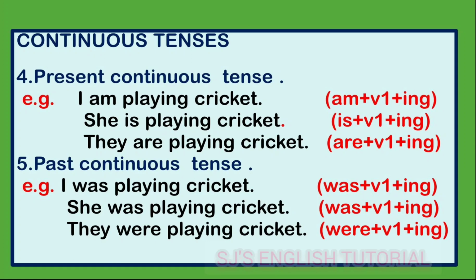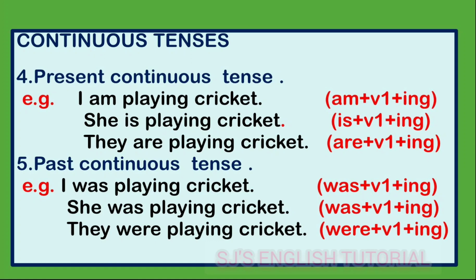Present continuous tense examples: I am playing cricket, she is playing cricket, they are playing cricket. With I we use am plus V1 plus ing, and with he, she, it we use is plus V1 plus ing, and with the remaining plural subjects we use are plus V1 plus ing. Past continuous tense.